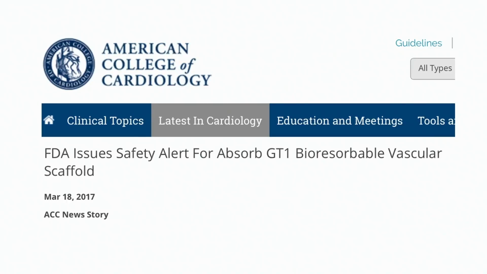However, there were a large number of patients that already had these stents implanted, and it was also not withdrawn as far as research goes. And so there were patients that continued to have these stents placed for research purposes. So even though these are no longer in use, just keep in mind that we may still come across patients that have had these stents in the past, and they may present to us.